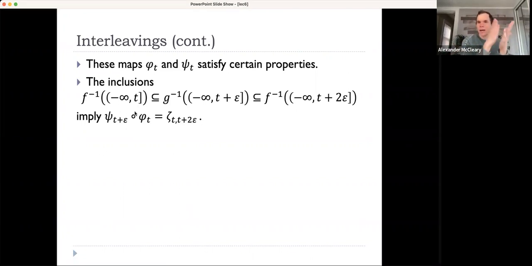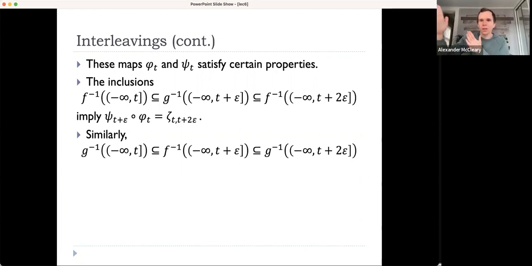essentially we're bouncing from V_t to W_{t plus epsilon} and then back to V_{t plus 2 epsilon}. And this condition is telling us that that should be the same as just going straight from V_t to V_{t plus 2 epsilon}. And then similarly, we have the reverse inclusions as well, which give us this reverse commutativity condition.